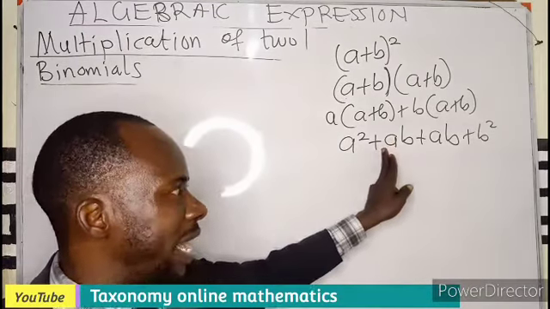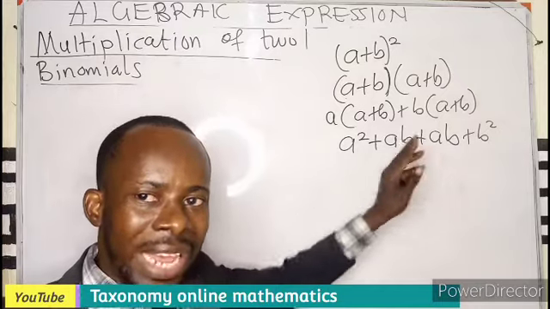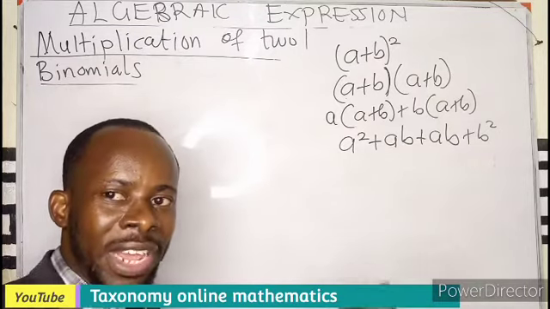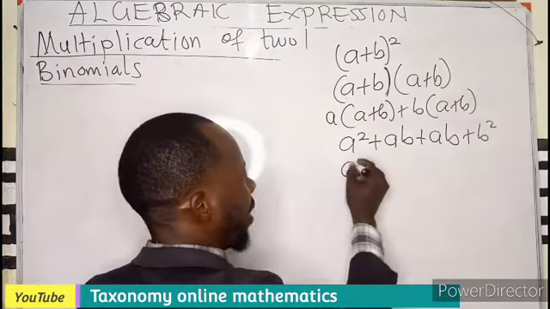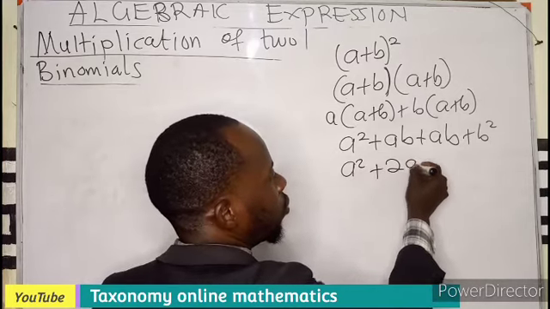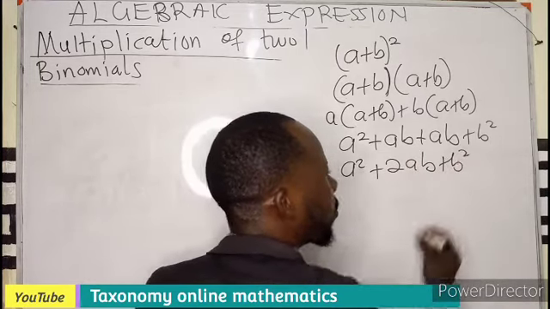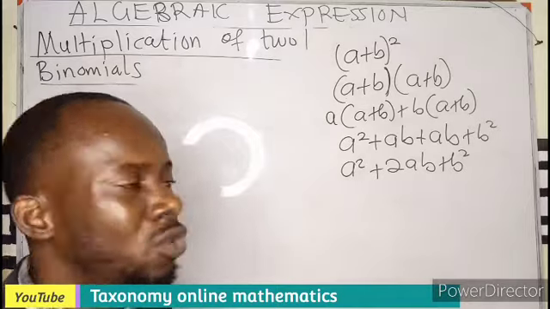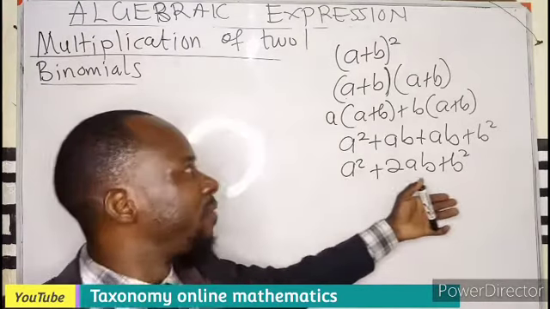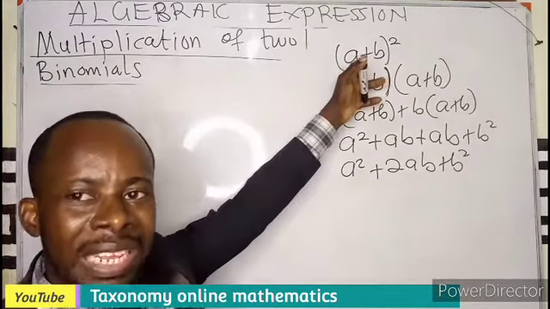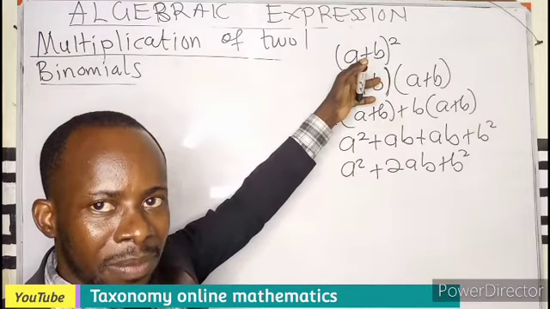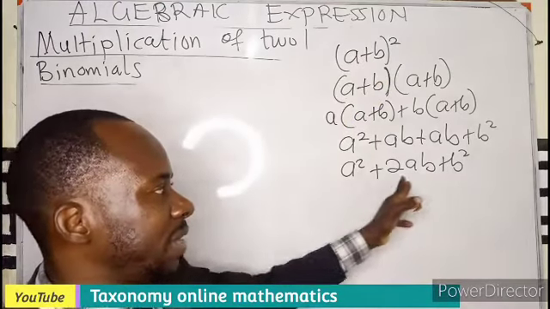So it is 1ab plus 1ab, that becomes 2ab. So I have a squared, plus 2ab, plus b squared. So this is the final answer if I'm asked to expand or simplify this. Good. So this is what you get.